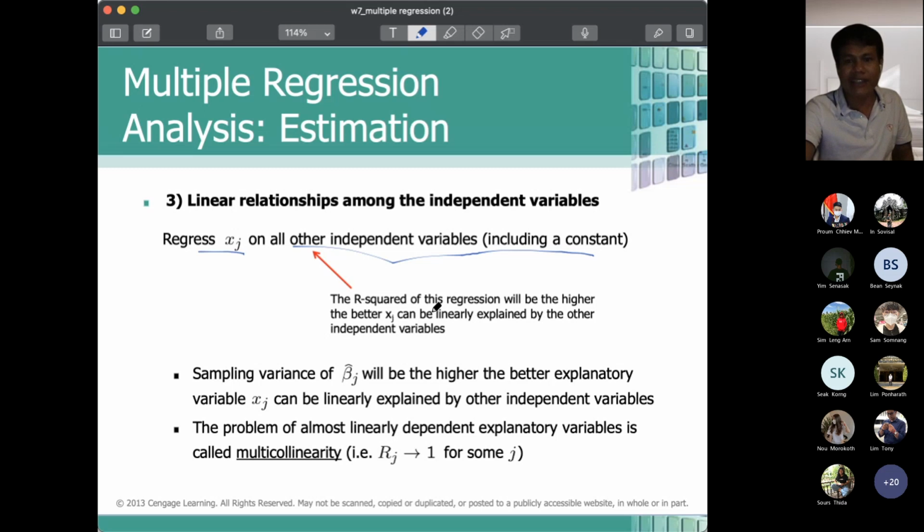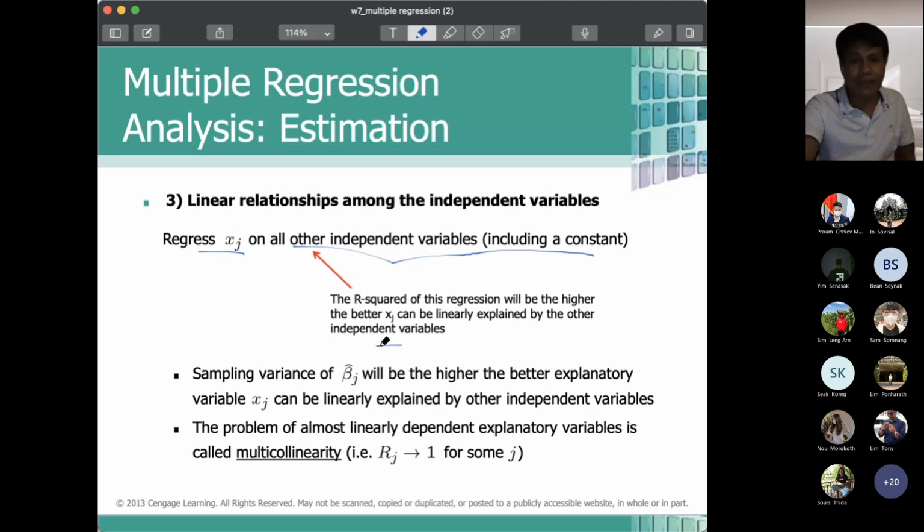The R squared of this equation will be higher the better Xj can be linearly explained by the other independent variables. What we say here is that when we have a higher R squared, our Xj is highly correlated with the other independent variables.